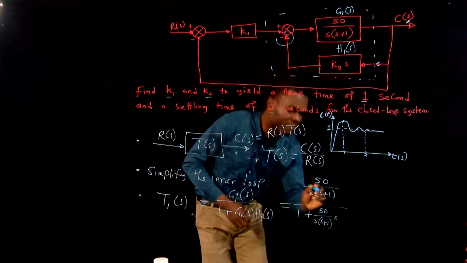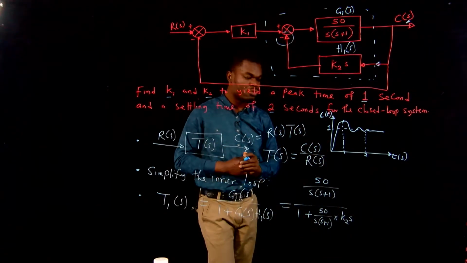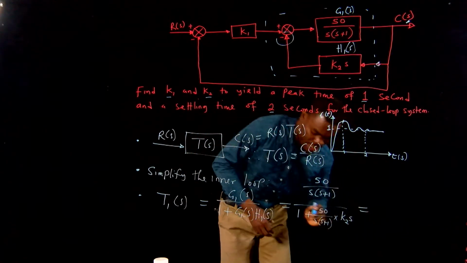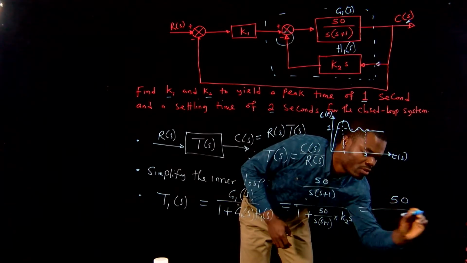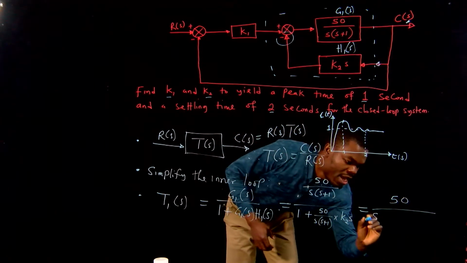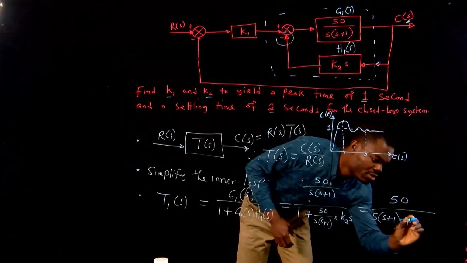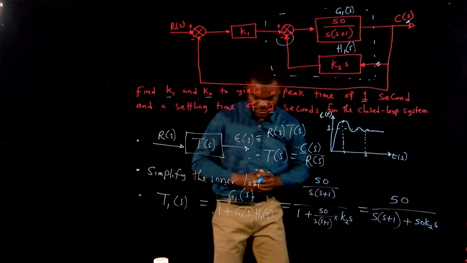In this case, our H1 of s is K2 multiplied by s. And if we do the simple maths, just rearrange and simplify this, the solution will come up to be 50 over s into s plus 1 plus 50 K2 s. Okay?